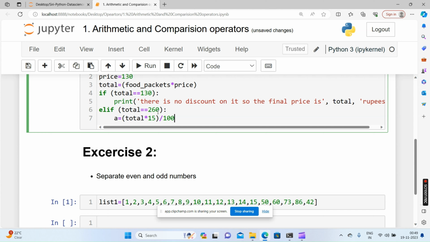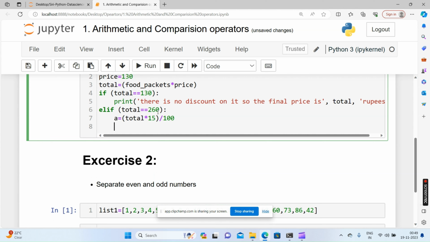So here I'm going to calculate how much offer he is going to get. So the final price is equal to total minus A.